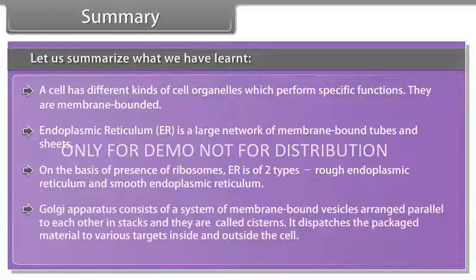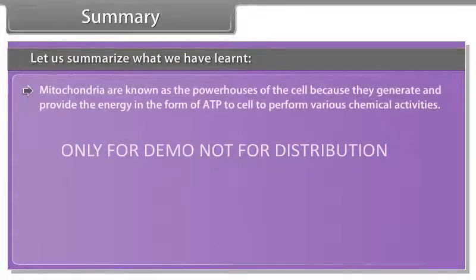It dispatches the packaged material to various targets inside and outside the cell. Mitochondria are known as the powerhouses of the cell because they generate and provide the energy in the form of ATP to the cell to perform various chemical activities.